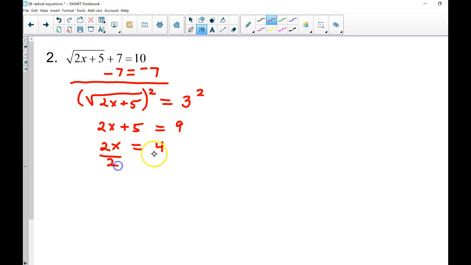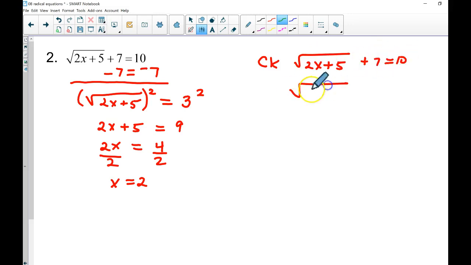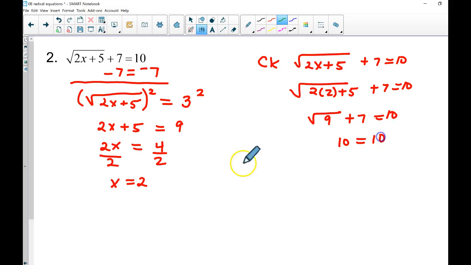And now divide both sides by 2. We're going to now check our solution in the original equation. This becomes square root of 9 plus 7. And yay, it works again. Our final answer is placed in a solution set, and we're off to the next problem.